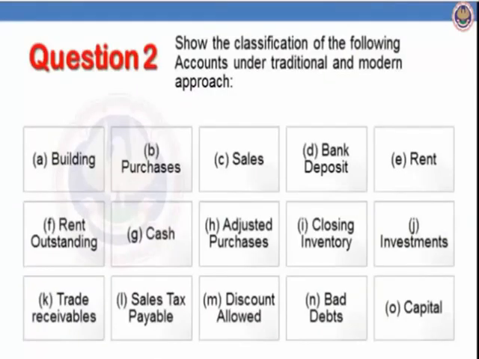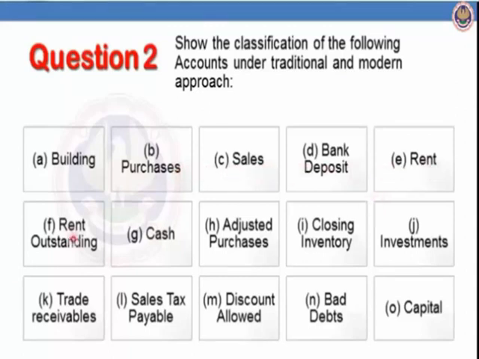Let us see the question 2. Show the classification of the following accounts under traditional and modern approach. First is building. B is purchases. C is sales.